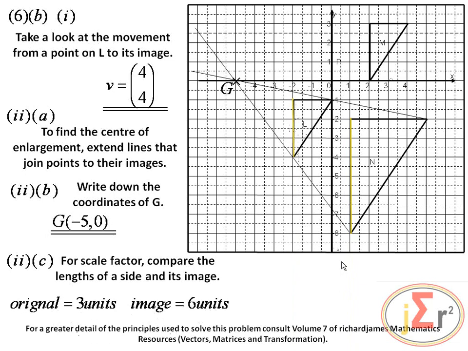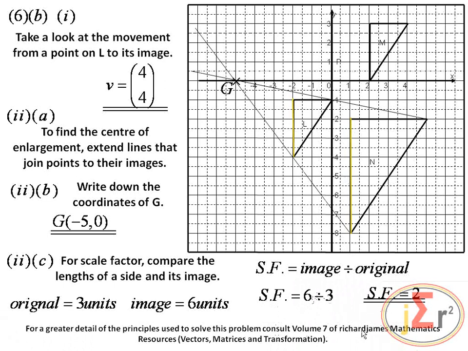The image is 6 units. Let's see for sure from here: 1, 2, 3, 4, 5, 6 units. So scale factor is equal to image divided by original. So scale factor is 6 divided by 3, and the scale factor is equal to 2.